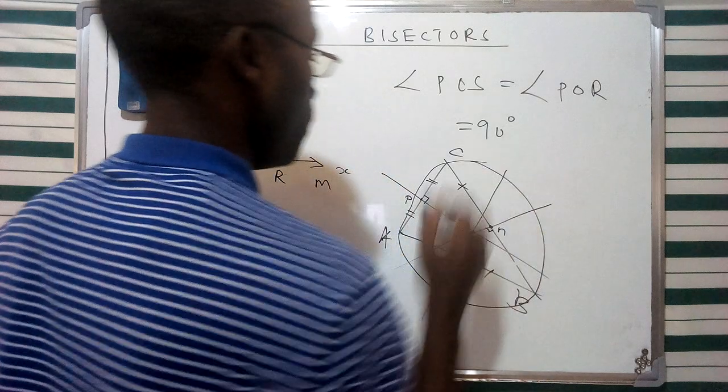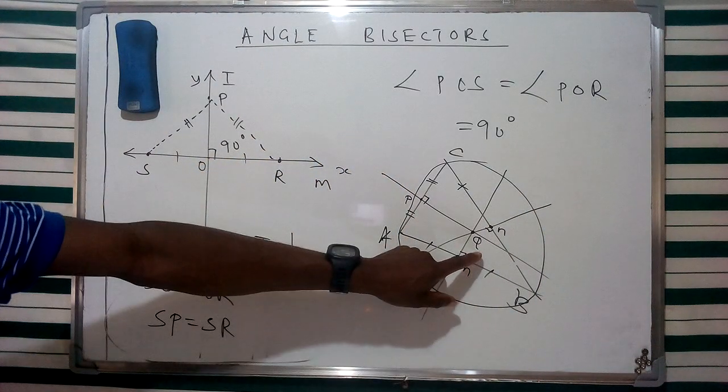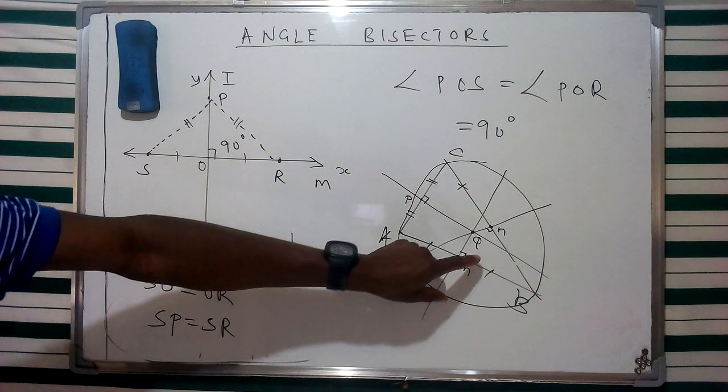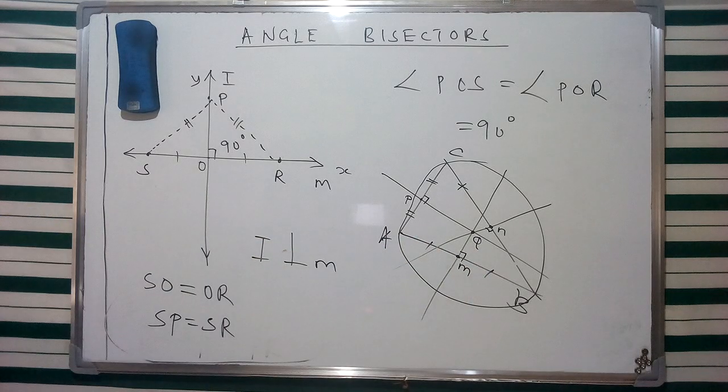That is why we describe this as a circumcenter, and we say that this triangle is going to be circumscribed, or this circle is going to be circumscribed around the triangle.